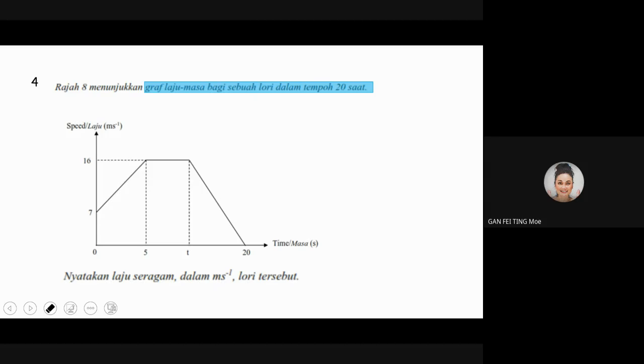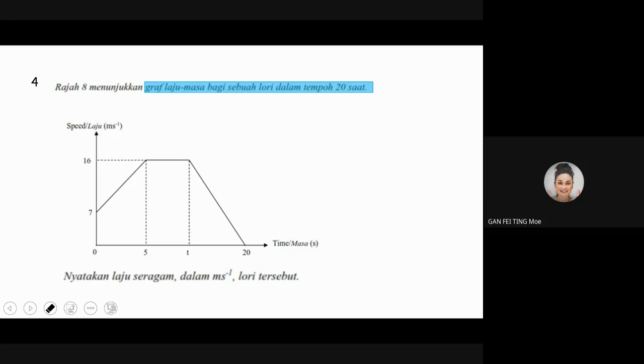So the question asks you for the uniform speed. Which one is the uniform speed? Anyone?